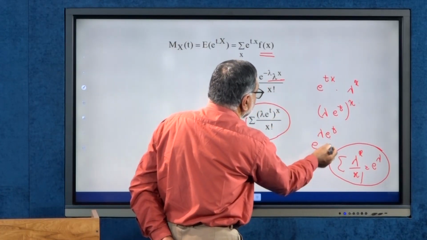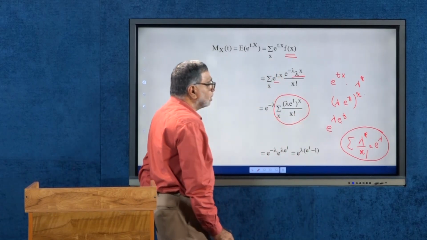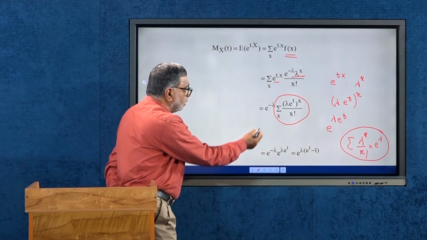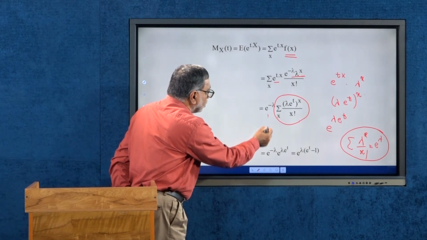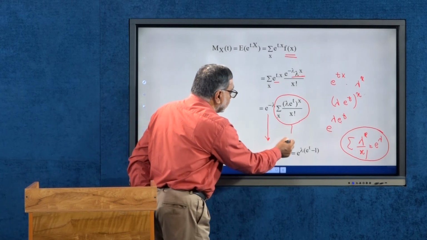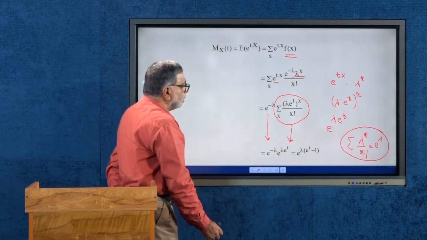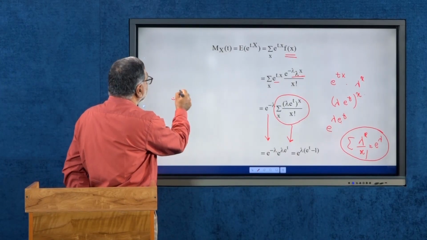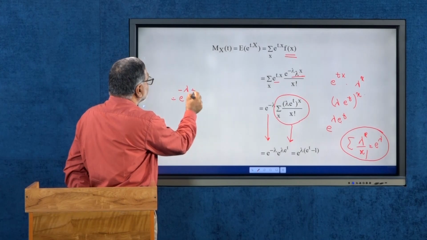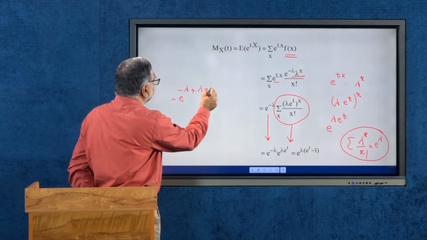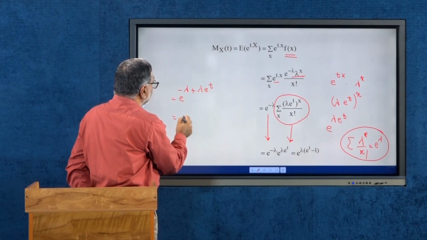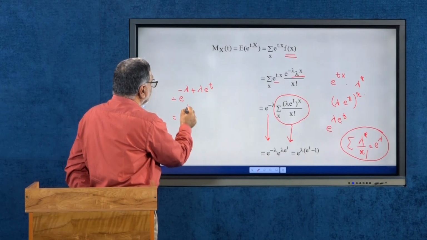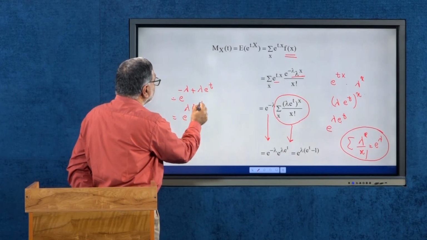So, this is e power lambda e power t. Combining with e power minus lambda taken outside, you can write this as e power minus lambda plus lambda e power t, or that is equal to e power lambda (e power t minus 1).